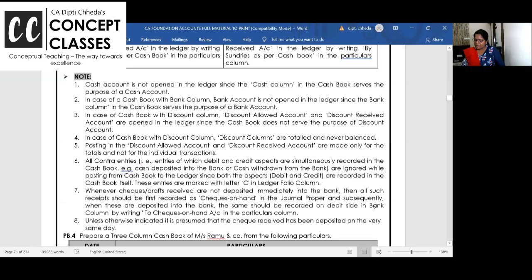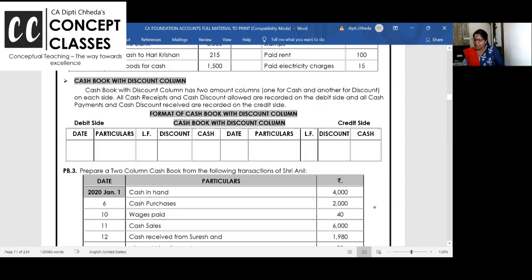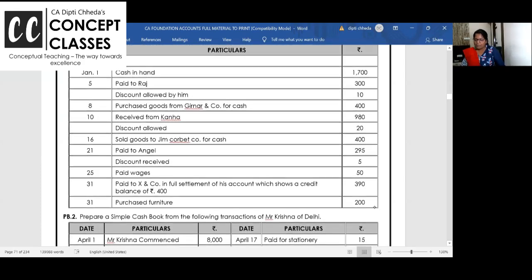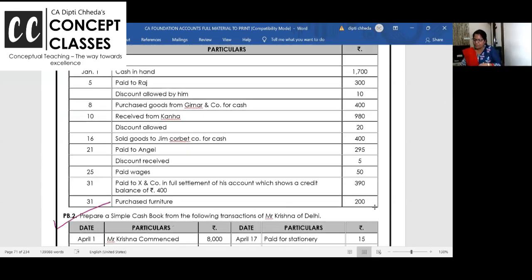Now do problem number 1 as homework without fail. Tomorrow I will check the homework and we will do the petty cash book. So you have to do this problem number 1. See, opening cash in hand, paid to Raj. First you do it single column and then you do it double column. When you do single column, discount allowed and discount received, don't record them, ignore them. They are there but ignore them.